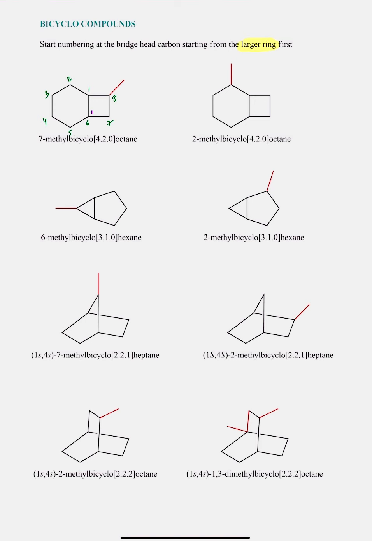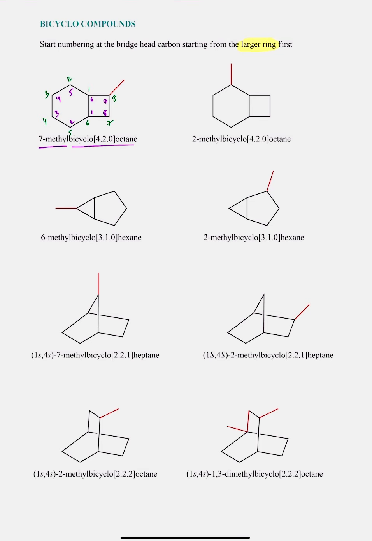I start there and again go through the larger ring and then finish numbering on the smaller ring. In this case I got the substituent at carbon 7. So the lowest sum rule says that we have to have the lower sum of all the locants, and here there is only one locant because there is only one substituent. In the first way I got 8 and in the second I got 7, so 7 is correct.